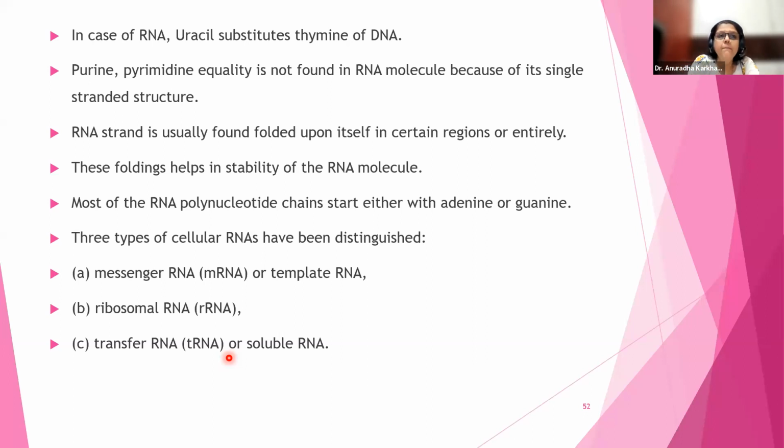That is going to be your mRNA, messenger RNA, or we also call it template RNA for protein synthesis, rRNA or ribosomal RNA, and tRNA or transfer RNA. It's also called soluble RNA. Okay, so what are the differences between these 3 is something that we have to do in detail.